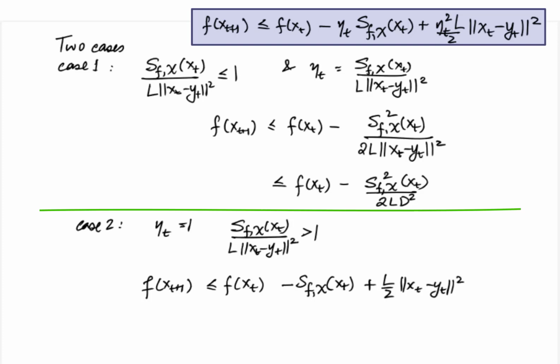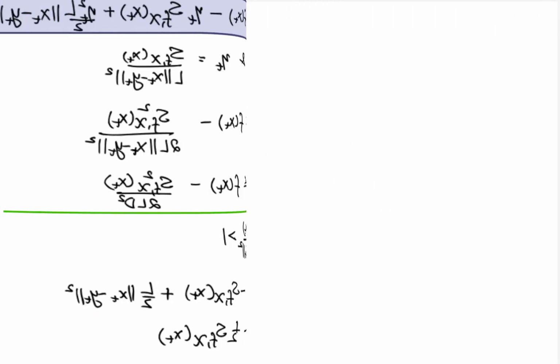And then use the condition that we have assumed so as to get that this is less than or equal to f of xt minus half s of xt. So now we have two bounds depending on what eta t was, which in turn depend on what s of xt was.